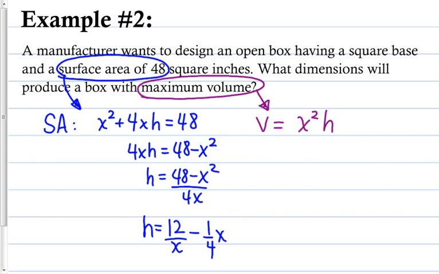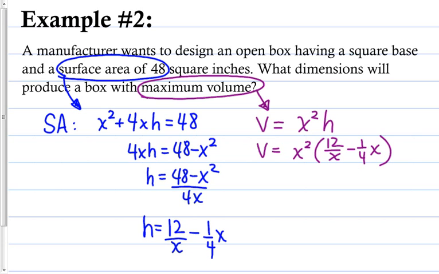Now I take my h and I plug it into the volume so that I have a new equation. Well, actually, it's an old equation. I'm not going to have any h's in it. So x squared times the stuff that h equals, which is 12 over x minus 1/4 x.